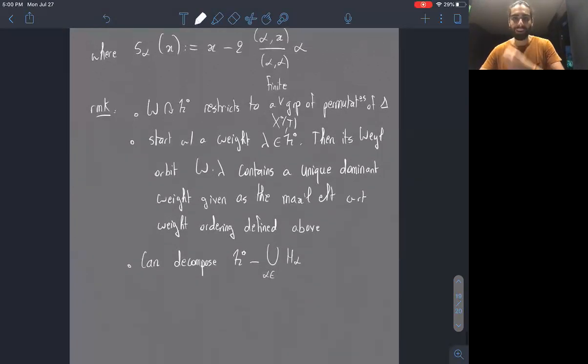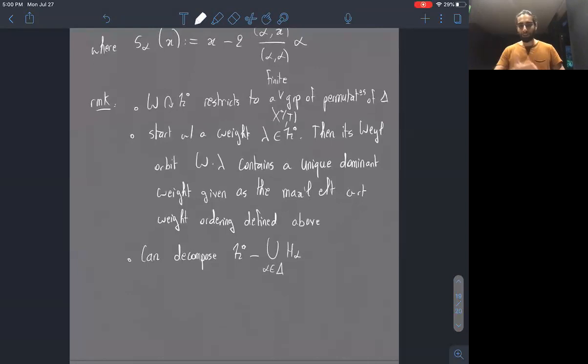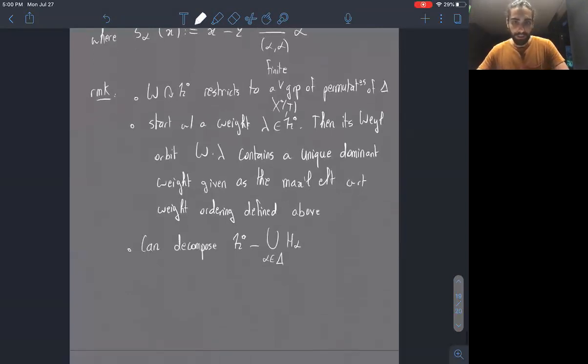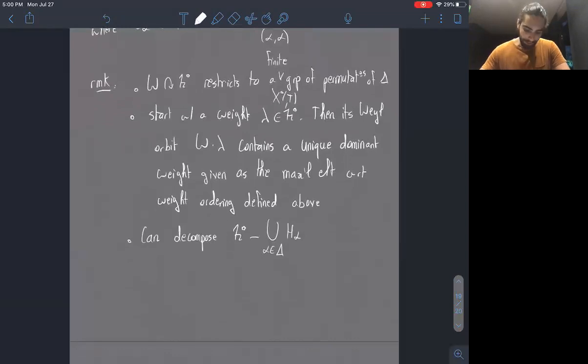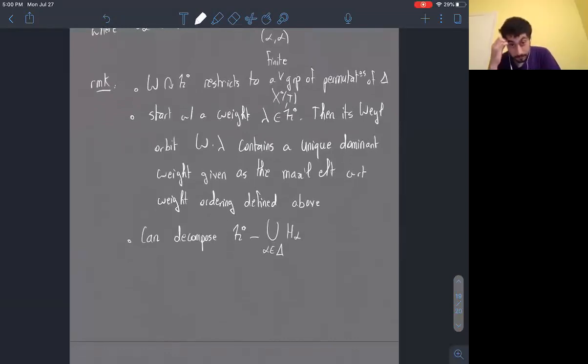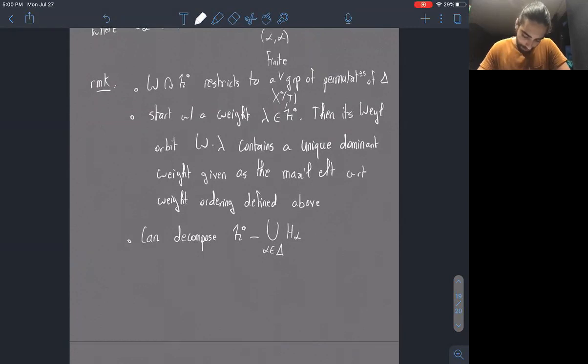So I guess all positive roots, all roots, I guess. Yeah, I mean, it doesn't really matter. If I take away all of the hyperplanes orthogonal to all of the roots in my set of roots, I get a subset for which I can take connected components. So I get open connected components called Weyl chambers.